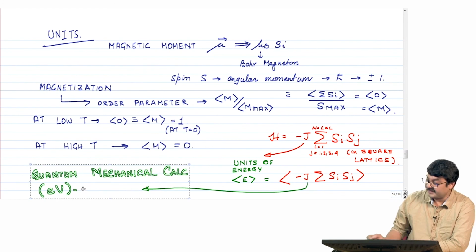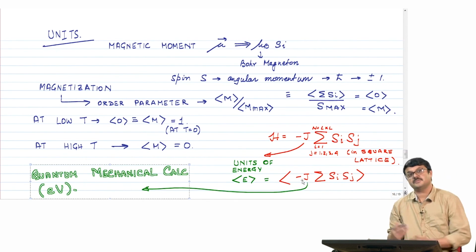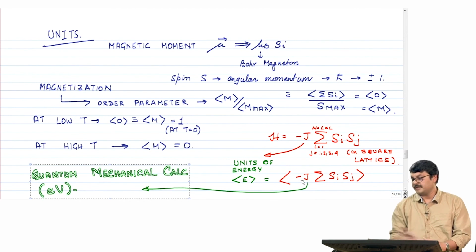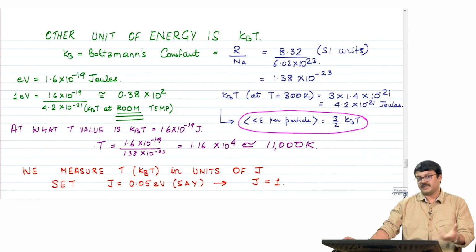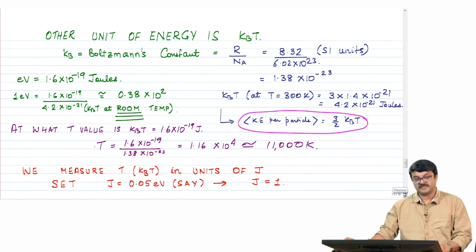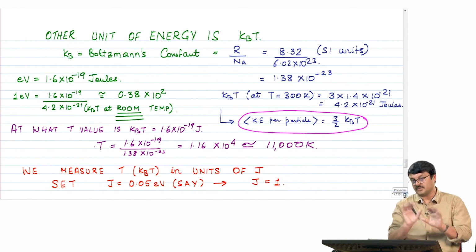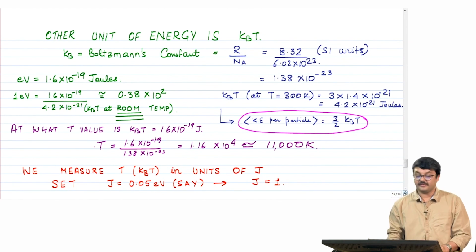Typically J is measured in units of electron volts by doing suitable quantum mechanical calculations, by putting in all the electrons, all the various degrees of freedom, but here we are interested only in the magnetic moment degree of freedom.